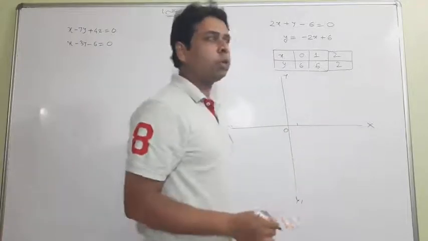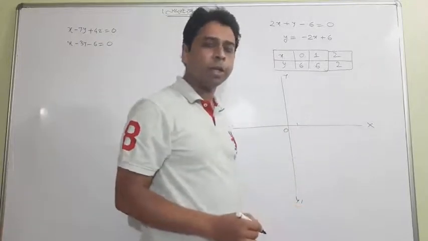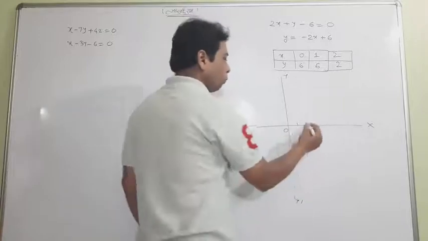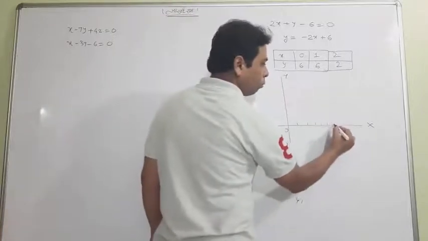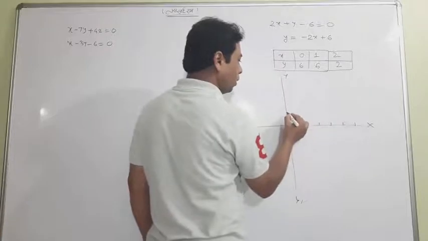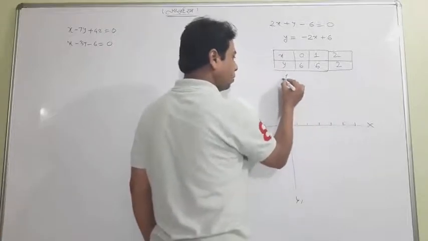I request you to make it on graph paper, it will be easier and better for you. 1 2 3 4 5 6 and 1 2 3 4 5 6.